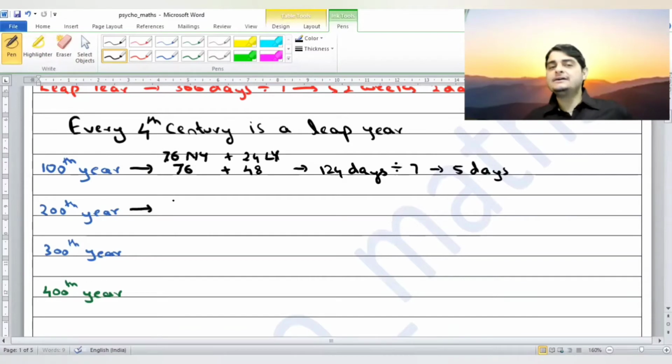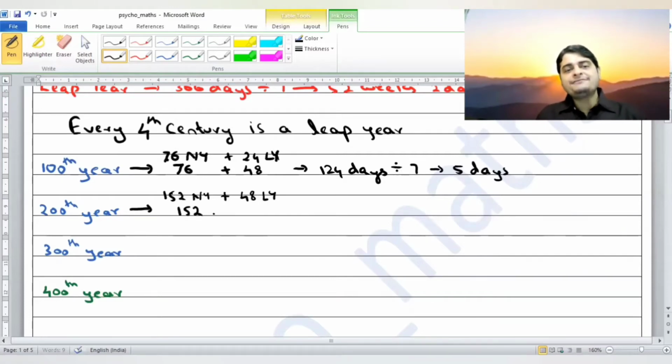The next thing to be done is basically for 200 years. Since 200 year is also not a leap year, this will give us 152 normal years and 48 leap years. Obviously, if the first 100 years have 76 normal years and 24 leap years, 200 years will have double of it.